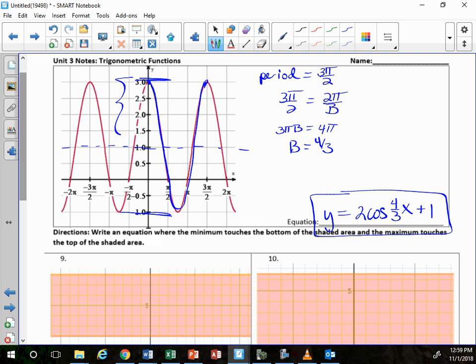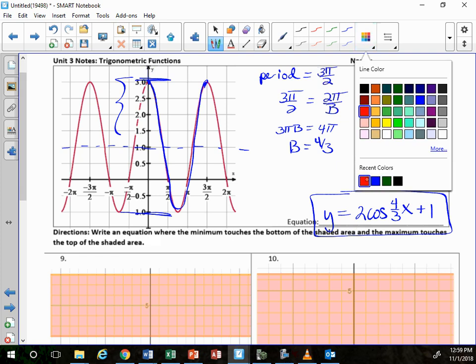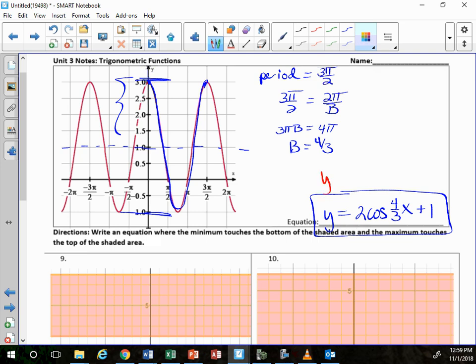All right, let's write it again, but I'm going to make you do that. Write another equation of this graph starting with a -2 instead of a positive 2. That's tricky. You can do it. Think about it.